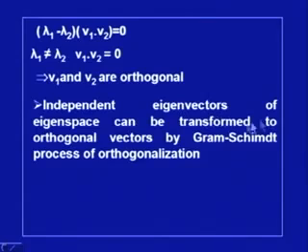Now, independent eigenvectors of an eigenspace can be transformed to orthogonal vectors by the Gram-Schmidt process of orthogonalization. This means that we have a given matrix A, it will have some distinct eigenvalues, and those eigenvectors will be orthogonal, but there are some eigenvalues which are repeated, and suppose we can find independent eigenvectors corresponding to those repeated eigenvalues. The question is, can we also orthogonalize them?